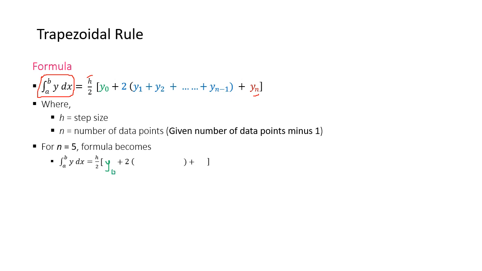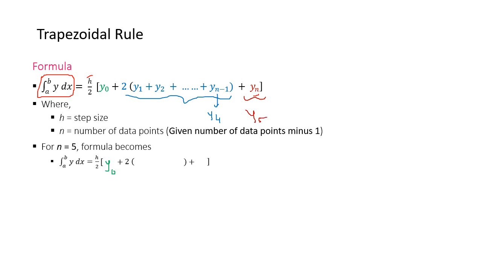Then when n is 5, you can see that in this blue bracket, the last term is n minus 1. Hence, for n equal to 5, this term becomes y4. And then finally, the last term in the square bracket, which is in brown color, which is y subscript n, becomes y5.